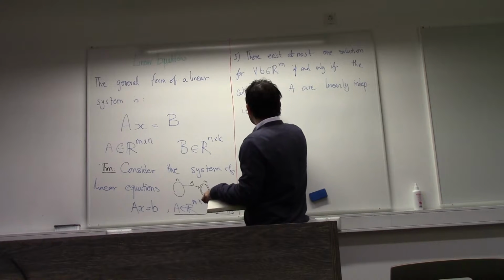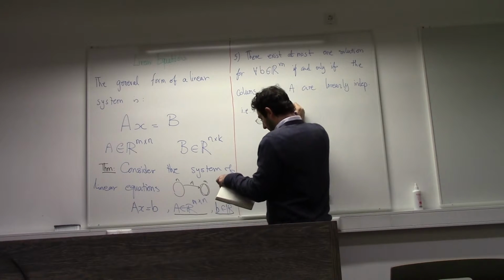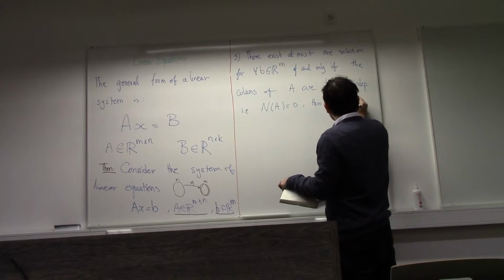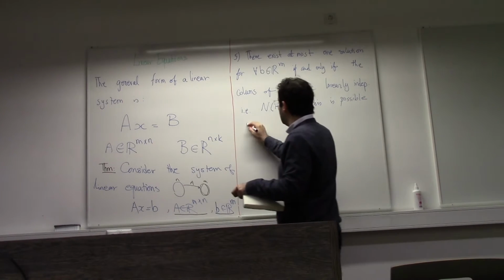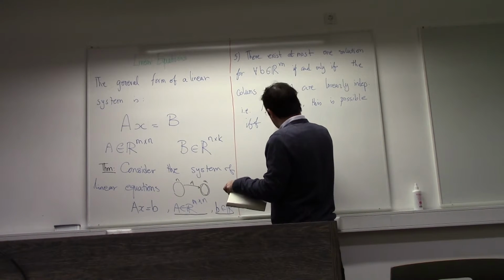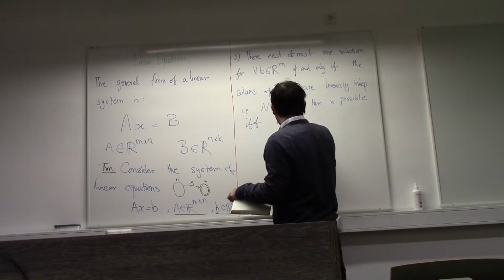In other words, the null space of A is equal to 0, and this is possible if and only if m is greater or equal than n.